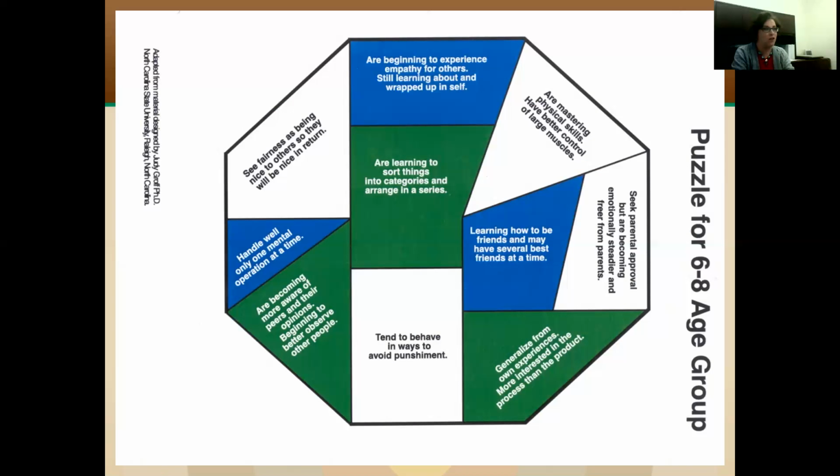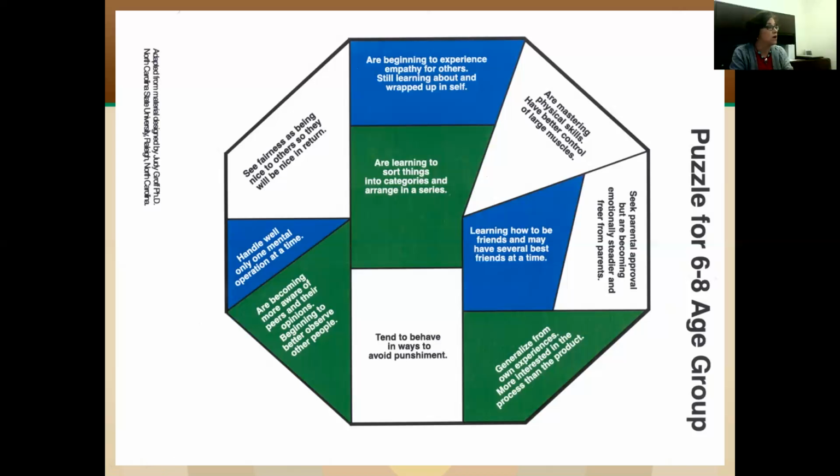I don't know how many of you have worked with this age group on a regular basis, but I can remember at this age, we had everything sorted by color, by size, and it was fun, but everything was sorted. They still tend to behave in ways to avoid punishment.